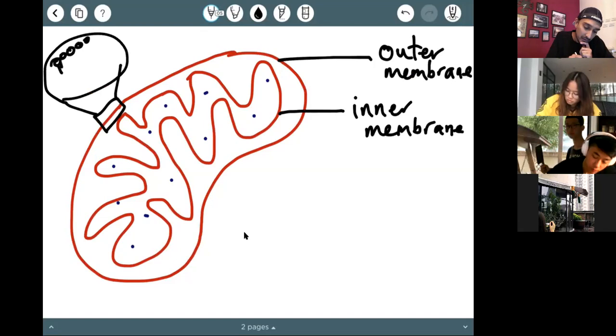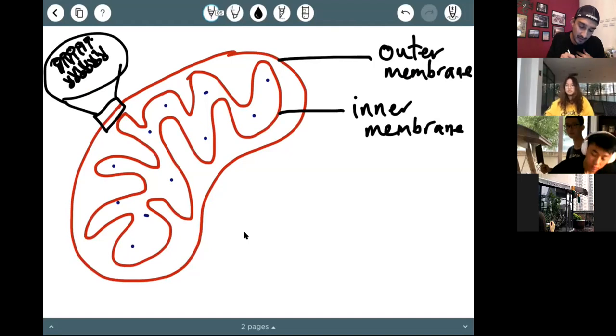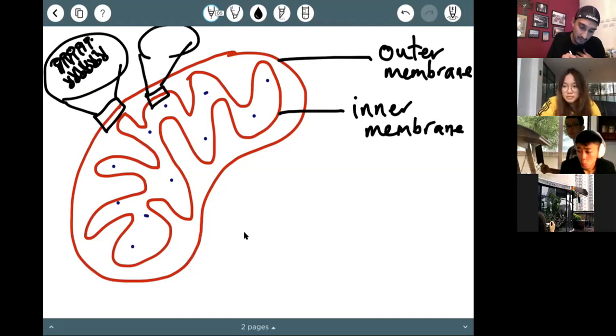You mean like with the outer one? Yeah, both of them are their own membrane. Okay. So the inner and outer are separate. Correct. So this would also have the same thing.